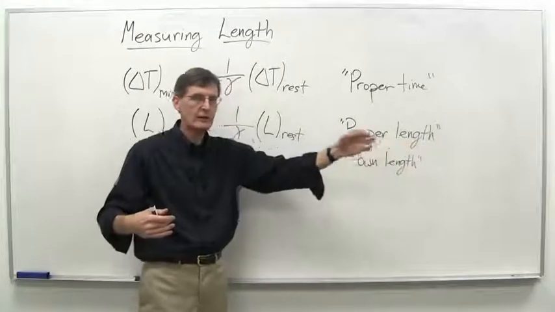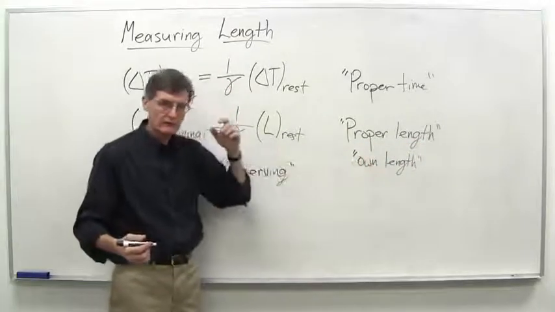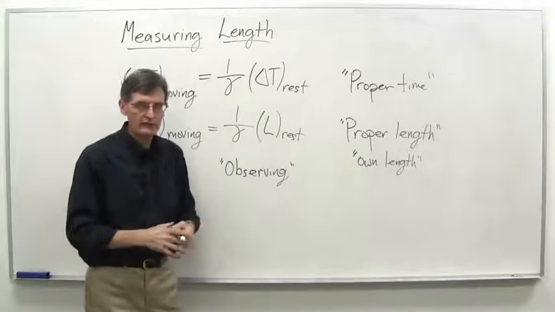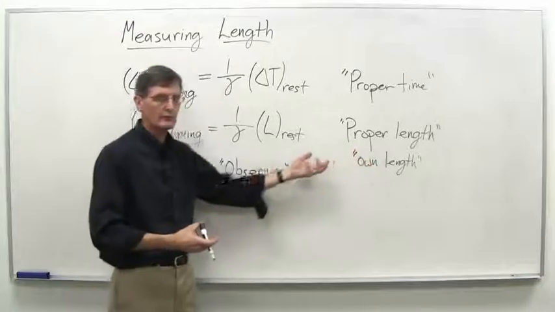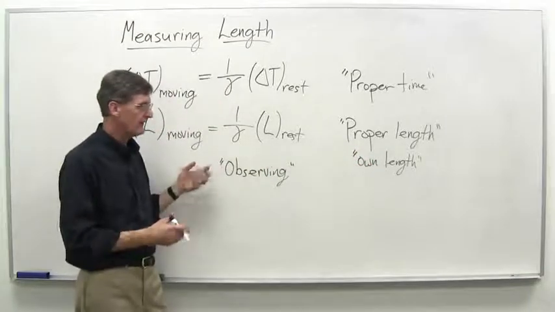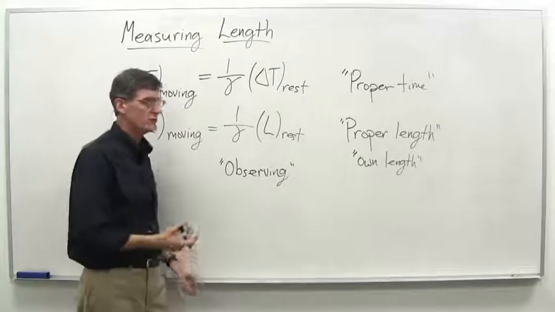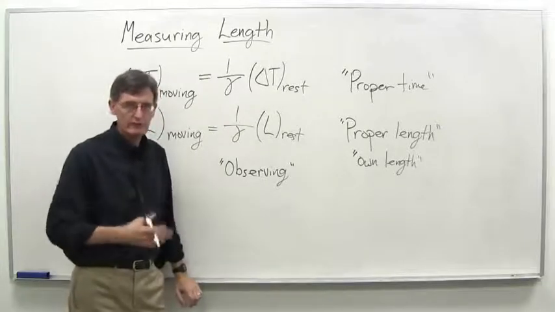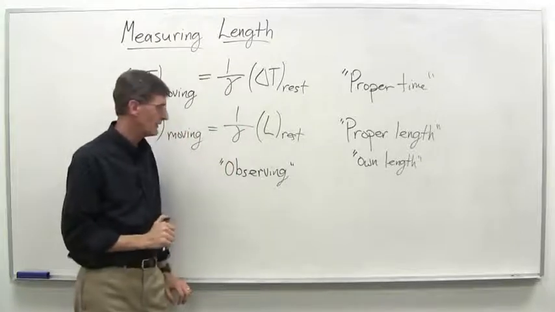I have to have the light coming from it back to my eyes, of course. There's a delay involved, and different things can happen if you have that delay, especially if you have an object moving past you. And that involves an additional layer of complexity. It is possible to do that analysis, but it also gets a little confusing in terms of the basic concepts that we're trying to get across here.